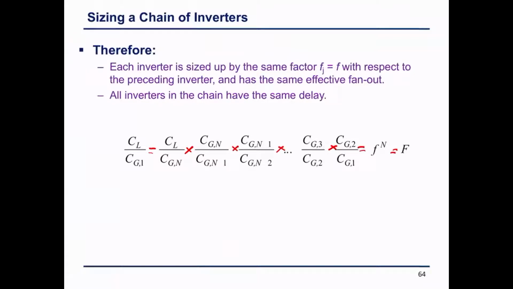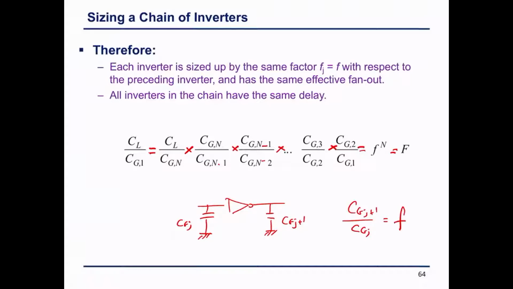Okay, and we just found that the ratio of any stage, what did we find? We found that CGJ plus 1 over CGJ, the ratio is the same. But how is the ratio linked to the delay? The delay is the same, and this is equal to F, right? Yes.